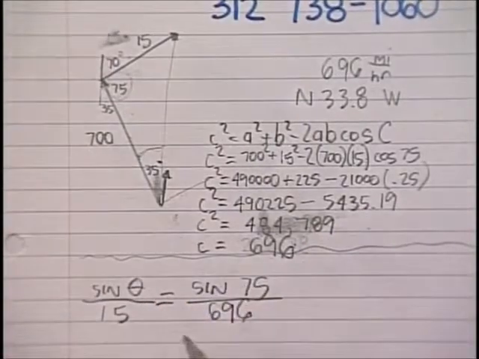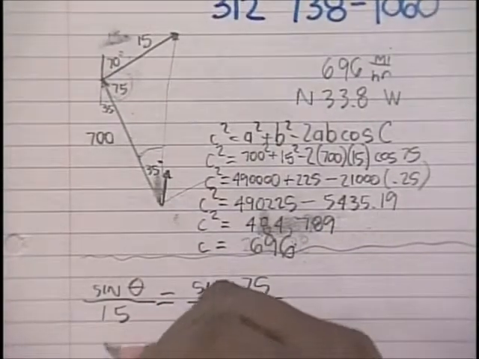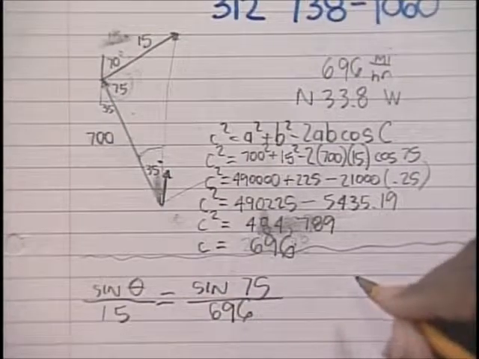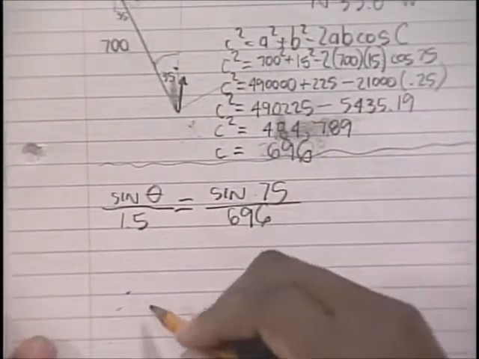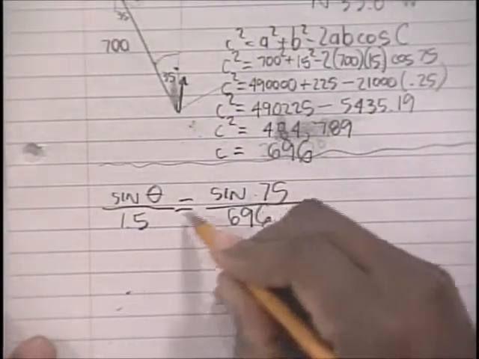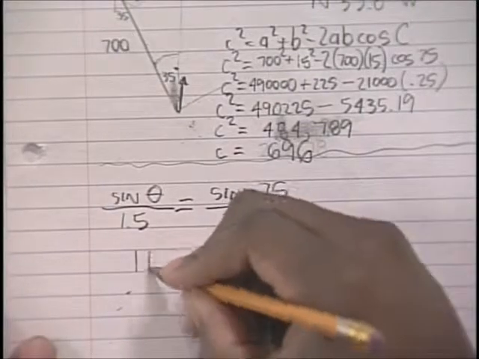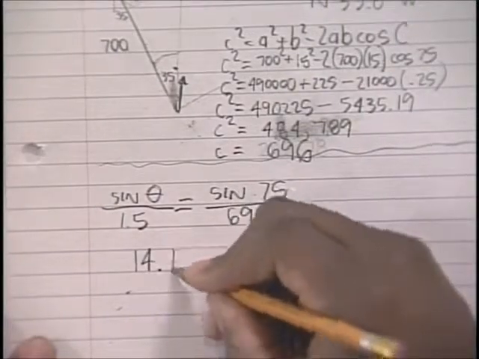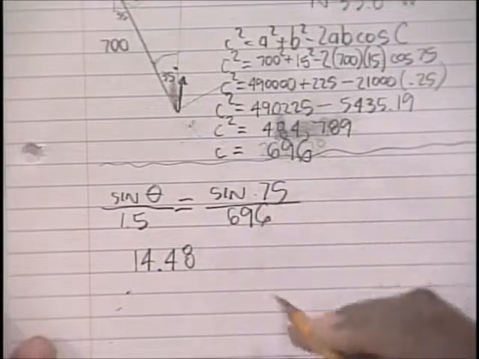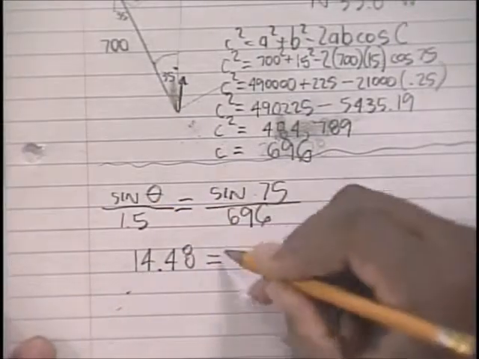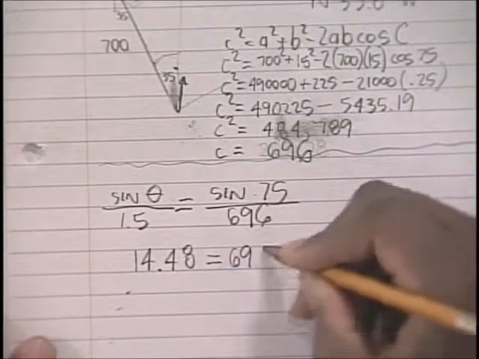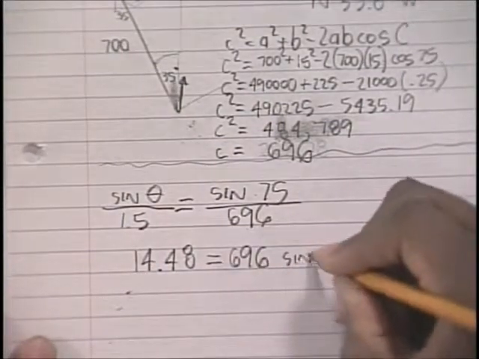And now we're going to need to cross multiply. So we got 15 times the sine of 75. Can you do that for me? 15 times the sine of 75 is 14.48. And that's equal to 696 sine of theta.